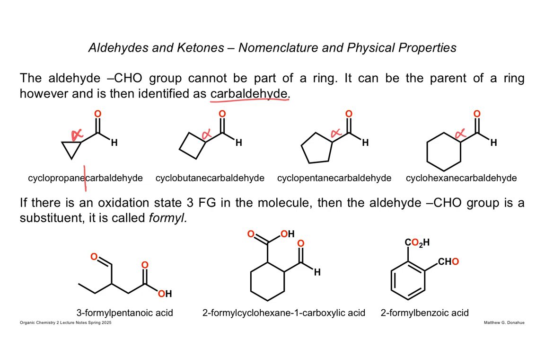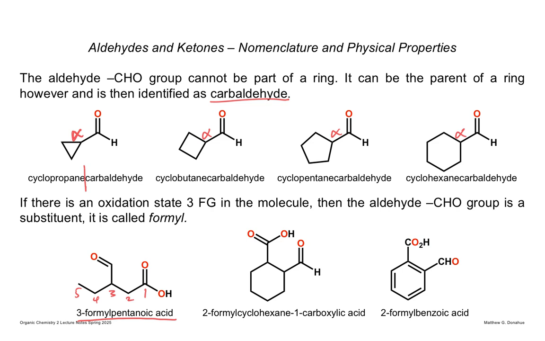So as we see in the leftmost example, 3-formylpentanoic acid. Let me put the chain length first in red. So 1, 2, 3, 4, 5. That's where the pentane comes from, the pent.